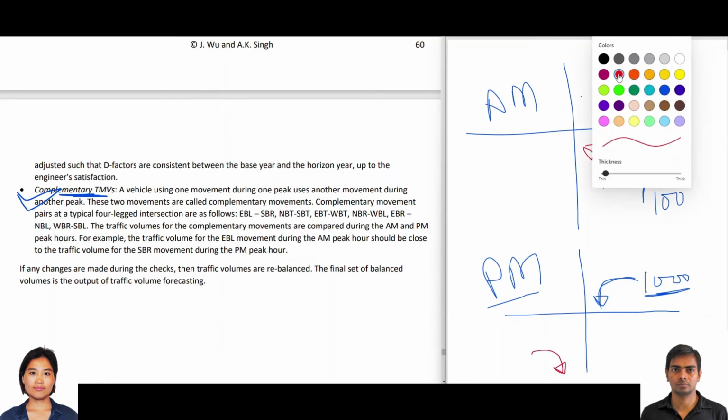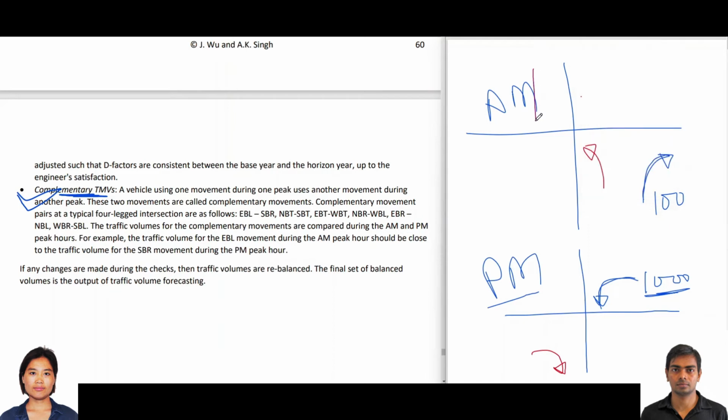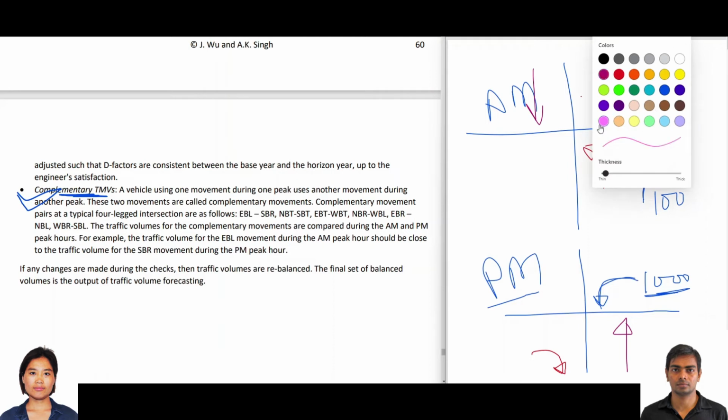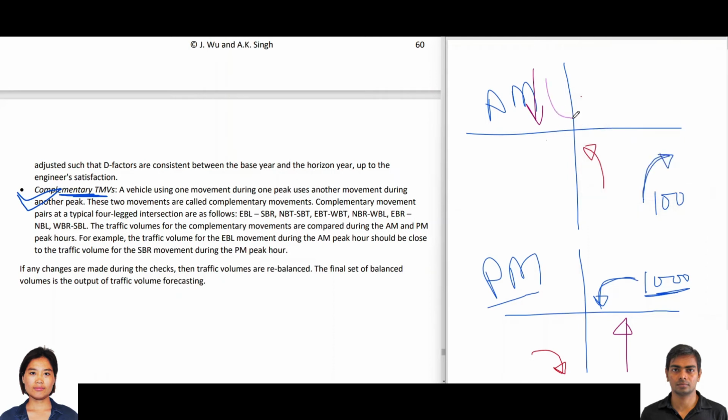Using another color, let's say this through here will be complementary with this through here. I will run out of colors soon. This left turn will be complementary with this right turn, and we get the picture. So what we try to do is see if the complementary movement volumes between AM and PM peak are close to each other, or whether they make sense or not.